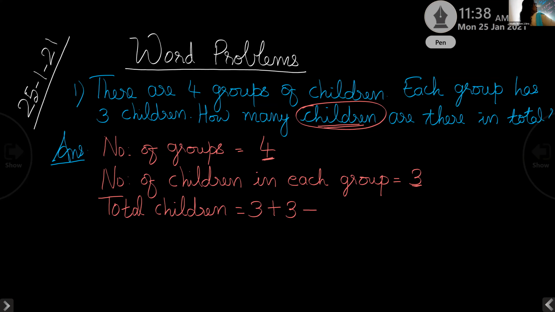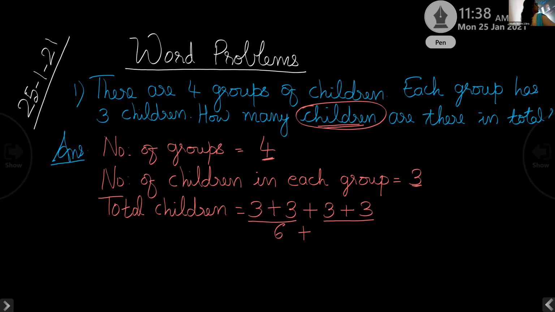1, 2, 3, 4. Now take two numbers at a time. 3 plus 3, Abhinav. 3 plus 3 is 6. And next also 3 plus 3, the plus sign will come down.